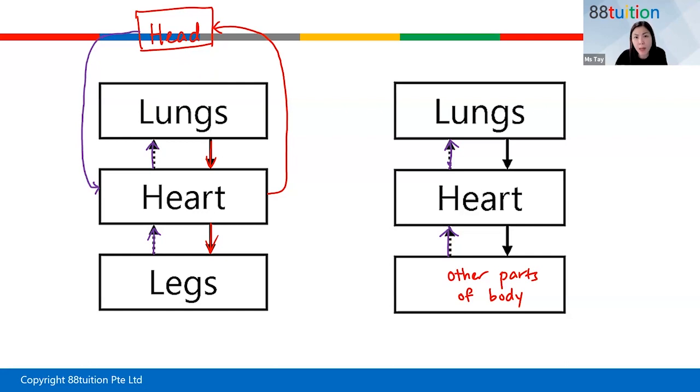This blood will then be pumped to all parts of the body, including the head. So don't say that because the head is positioned right above the lungs, you draw the arrow directly. It cannot happen. And the blood from the head carrying a lot of carbon dioxide must go back to the heart first before the blood can go back to the lungs. So this is how the blood moves. Must remember.